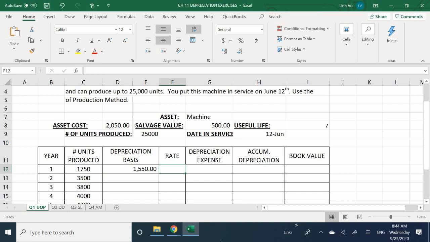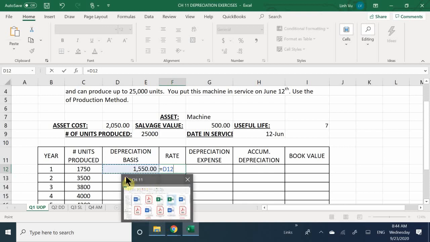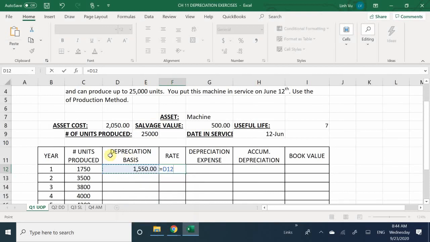What's the rate going to be? It's the basis divided by estimated units. Good. So in this case, it's going to be the 1550, and we're going to divide it by what number? 25,000 is correct.